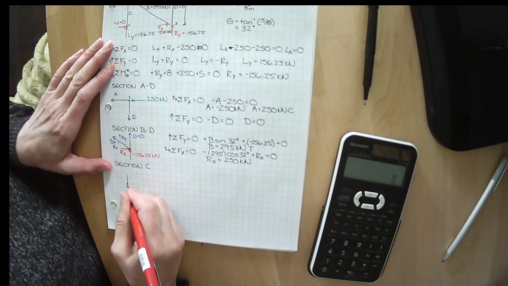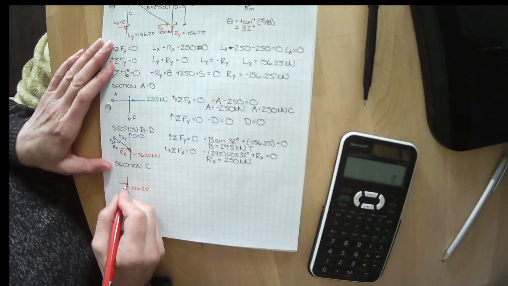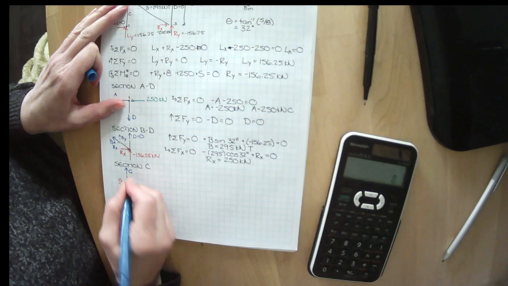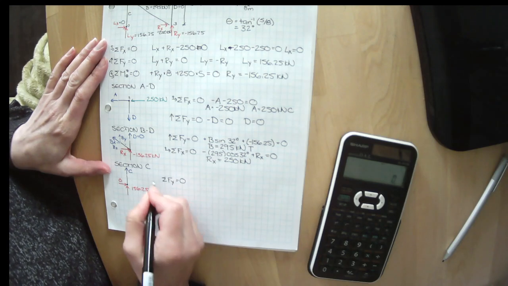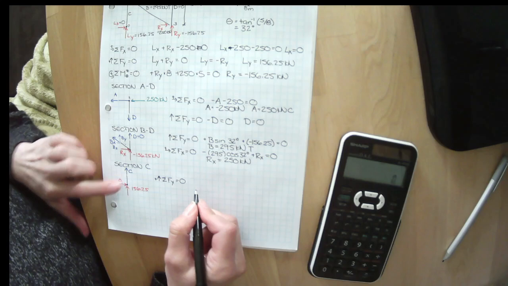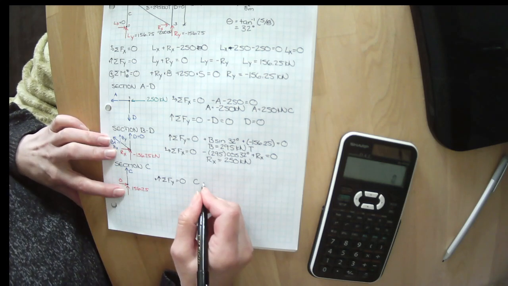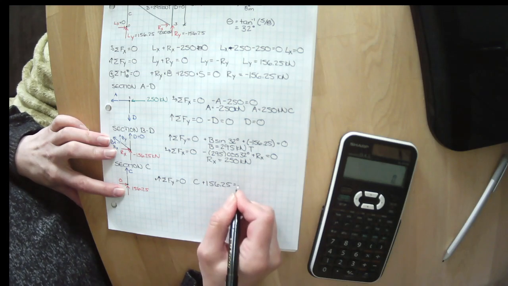Where that's my node, I've got an applied upward load of 156.25, because that's my reaction. That's 0. And that is my unknown value C. I am going to sum my forces in the y direction, where everything upwards is positive. I've got C going upwards, and I've got plus 156.25 kilonewtons.